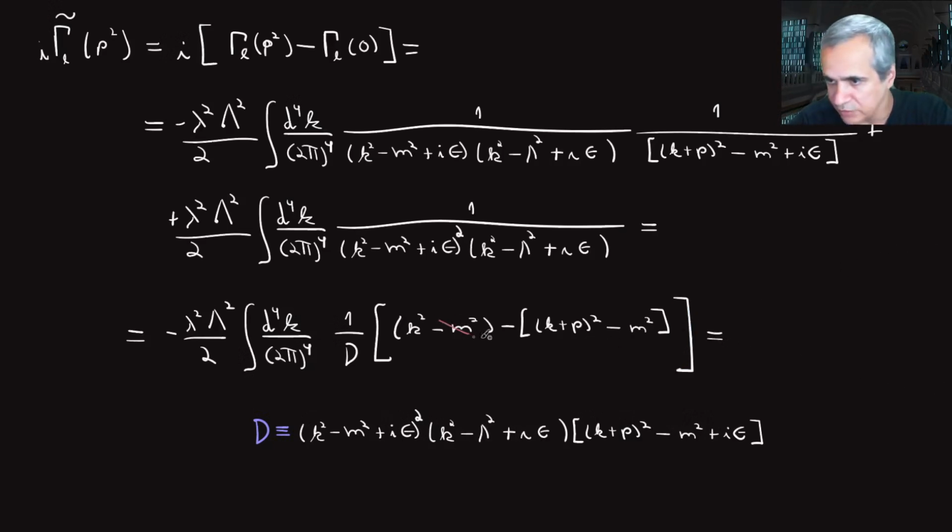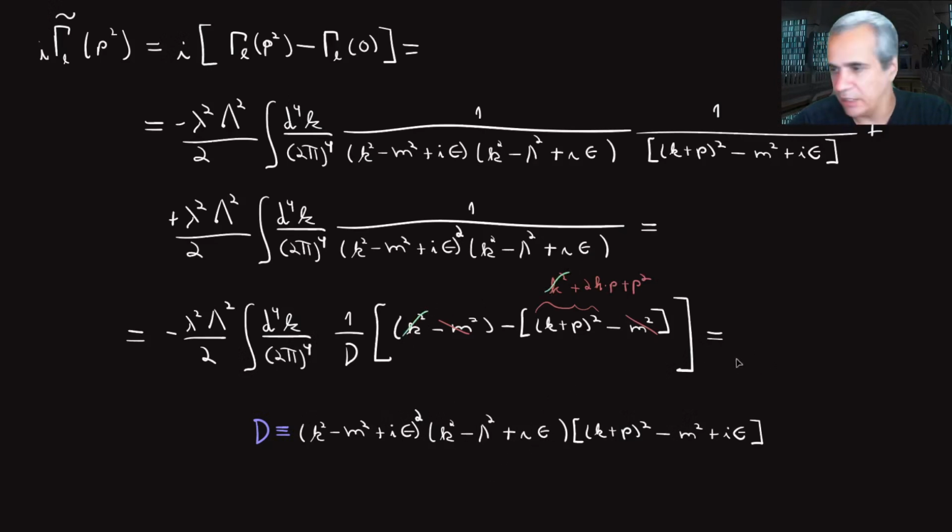So these masses go away. There's a factor k squared here, so this is just k squared plus 2k p plus p squared. And this k squared part goes away with this one.